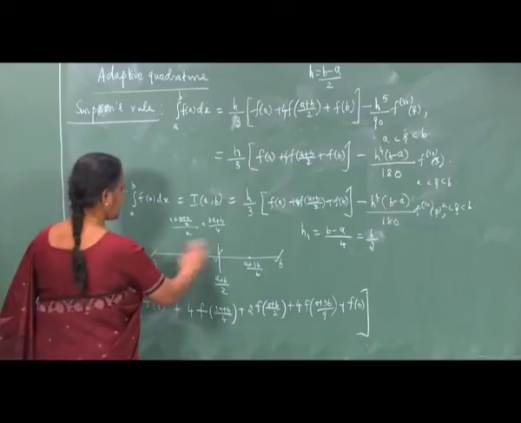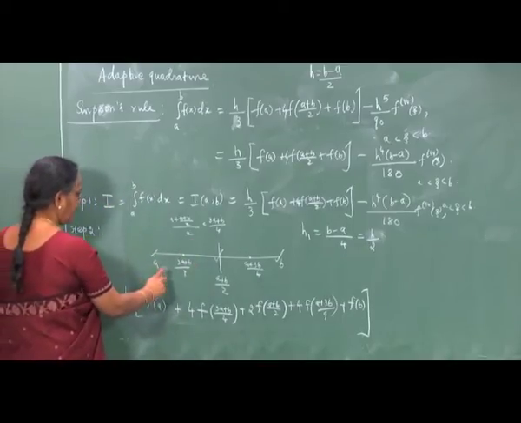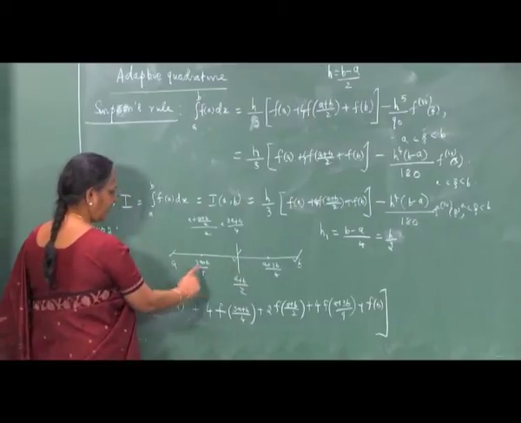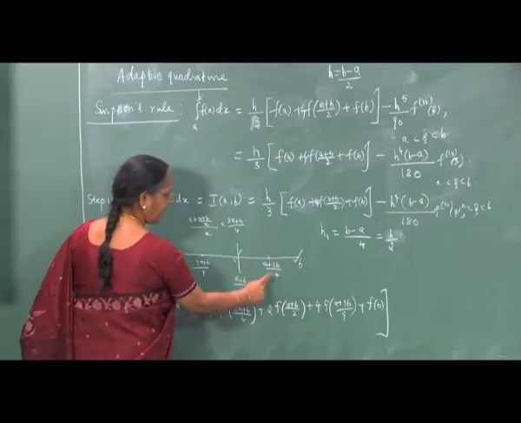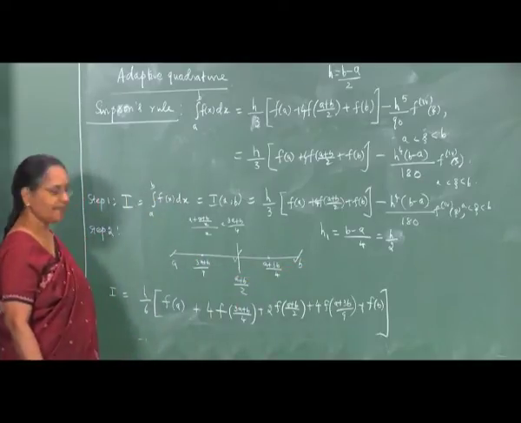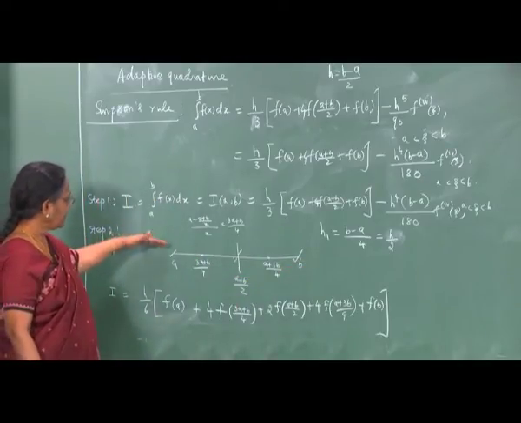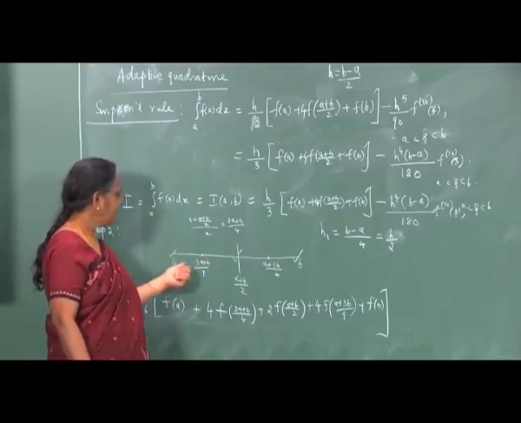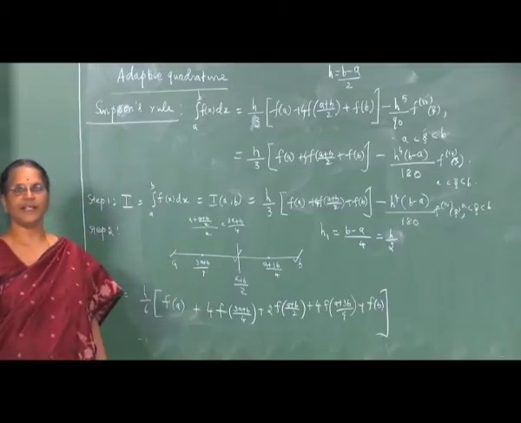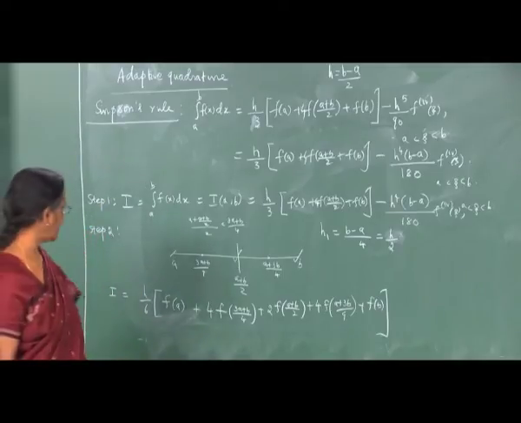So, the 5 points are a, the midpoint of a and (a plus b) by 2, then (a plus b) by 2, and the midpoint of that subinterval, and b. We apply composite Simpson's rule in this interval a to b, which is divided into 4 equal subintervals.